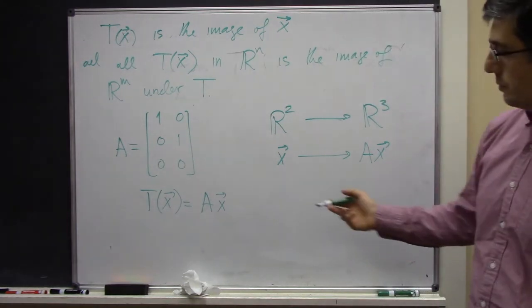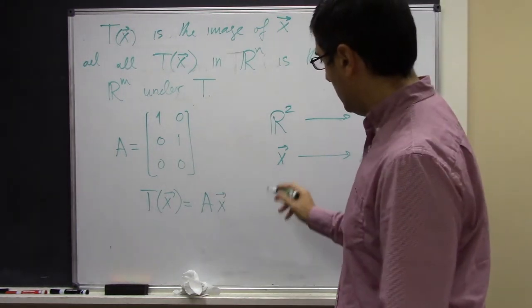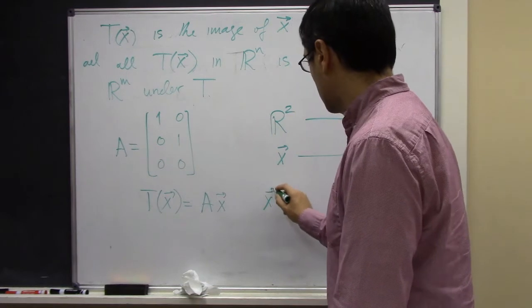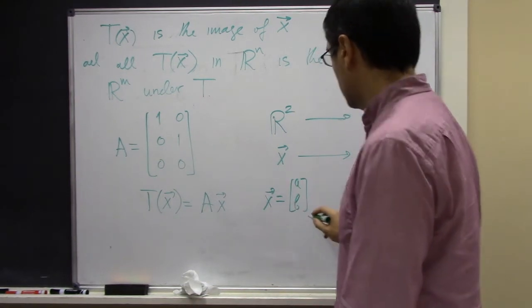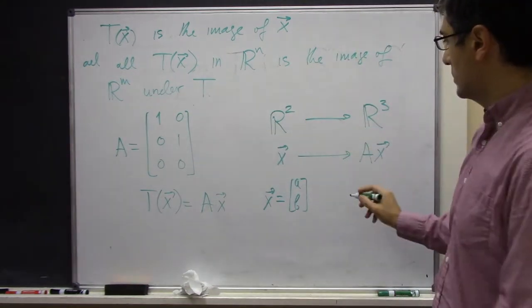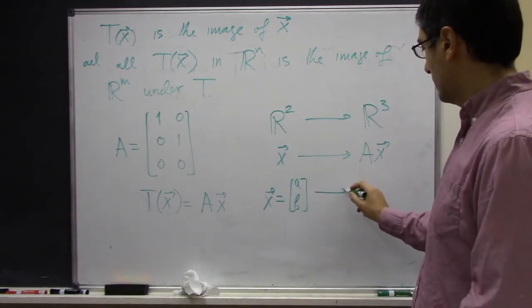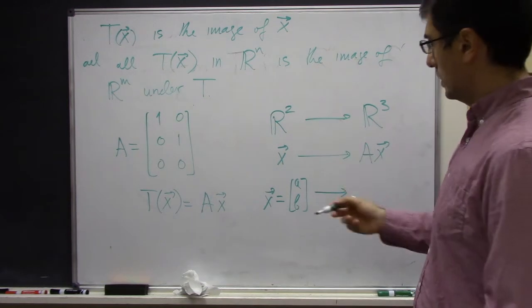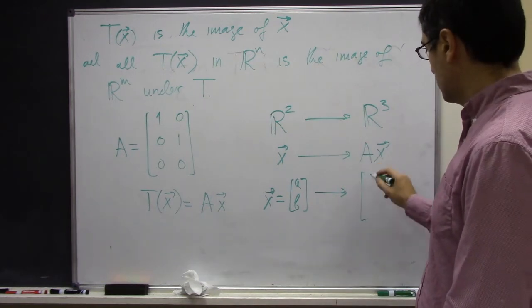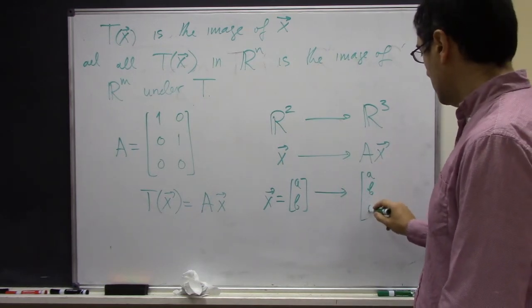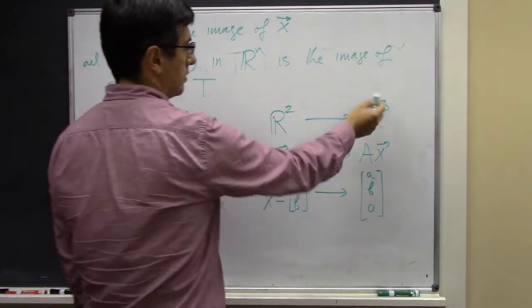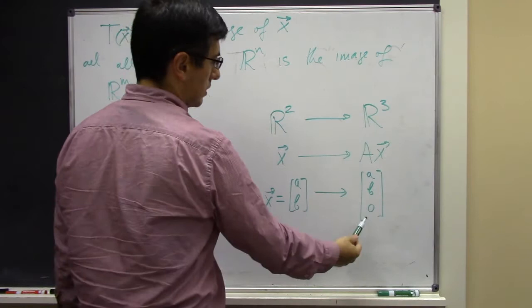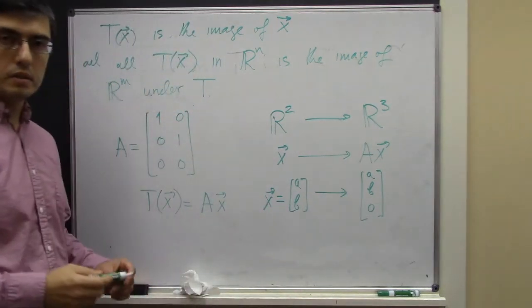Alright, so now any x I pick, say x is (a, b), where does this go in R3? Well, as you can easily compute, this goes to (a, b, 0). So you don't get every vector in R3. You only get vectors which have 0 as their last coordinate.